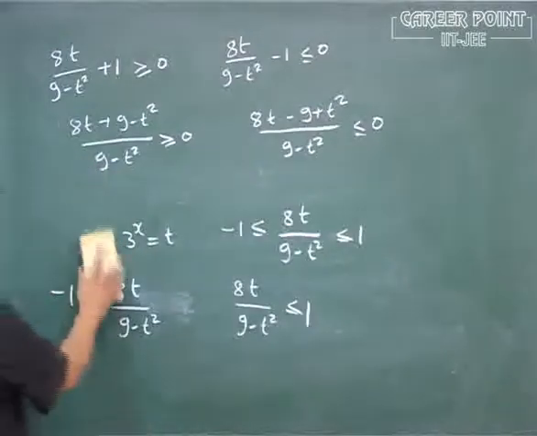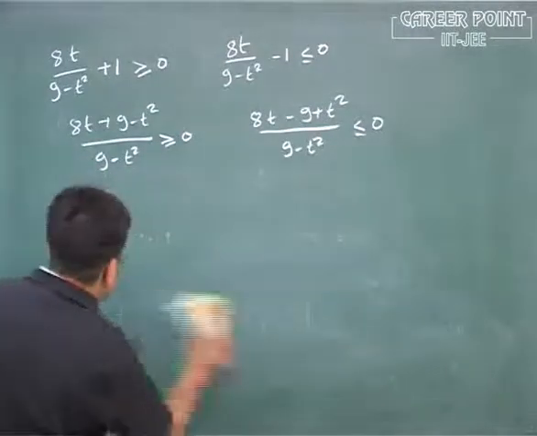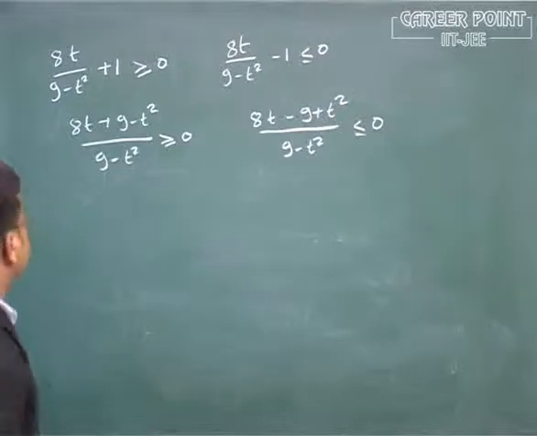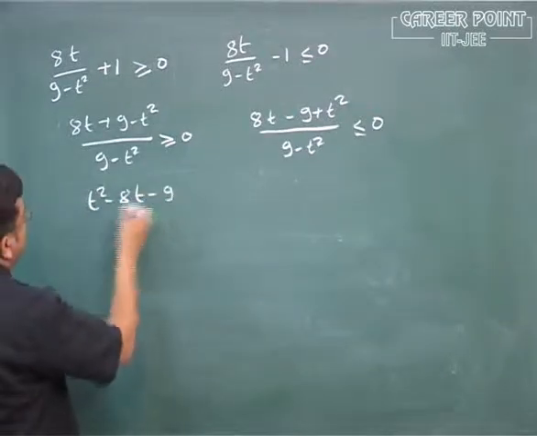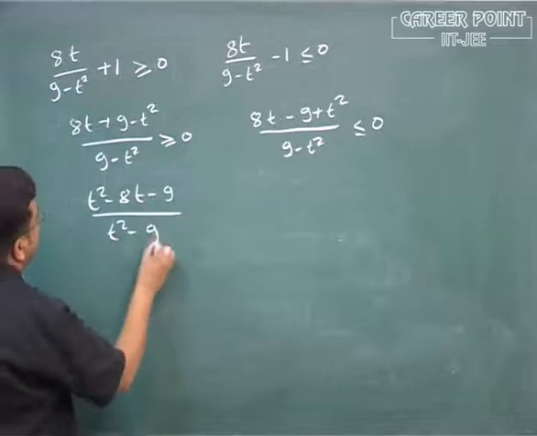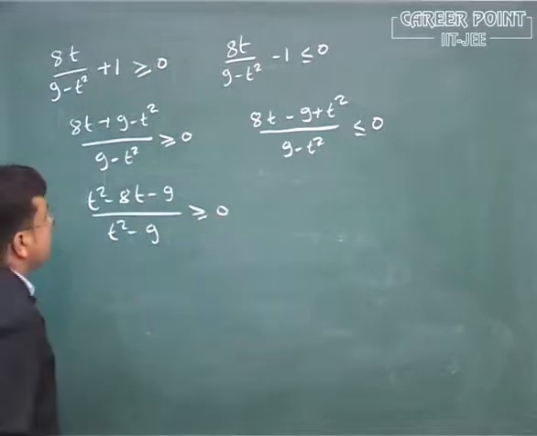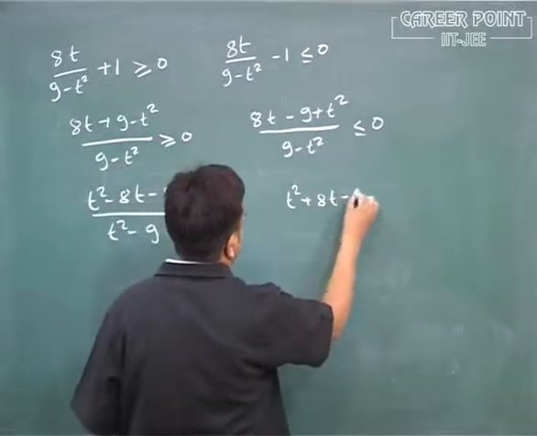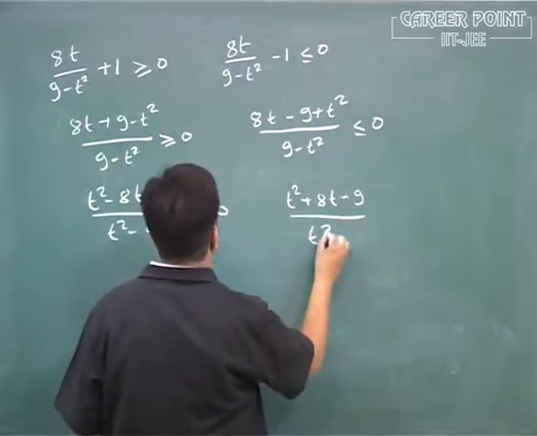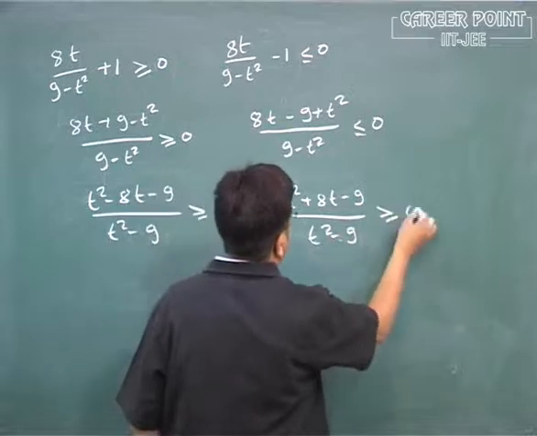So, we get t square minus 8t minus 9 upon t square minus 9 must be greater than or equal to 0, and t square plus 8t minus 9 upon t square minus 9 must be greater than or equal to 0.